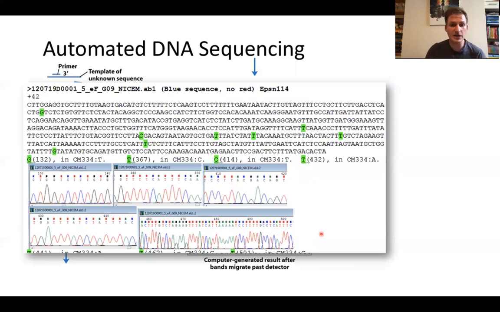Here's a real sequencing result that I created in my research. So you can see the sequence here, and then that's a sequence that I found in the database that you can find online. And once sequencing the samples, I found that the base pair that corresponded to that position actually was different from what they call the reference sequence.